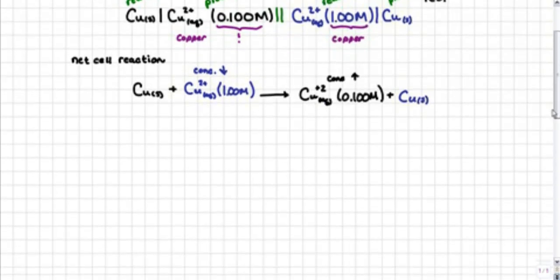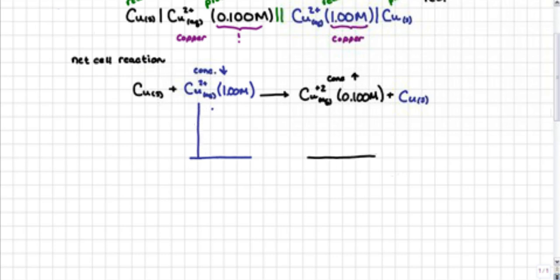We can track these changes in concentrations in the following way. We can use a bar graph to designate these concentrations at various points throughout the cell and its operation. On the left-hand side, the concentration of the copper ions starts out at 1.0 molar.